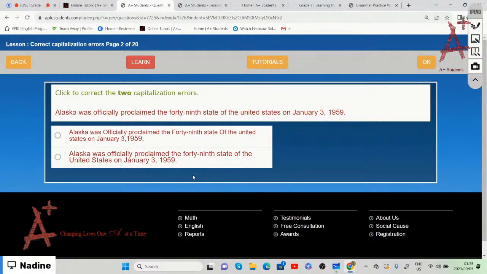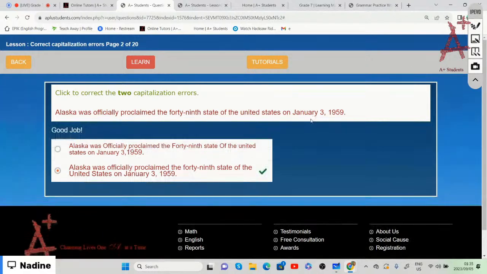And if we choose the correct capitalization errors, we are going to choose the United States to be capitalized.